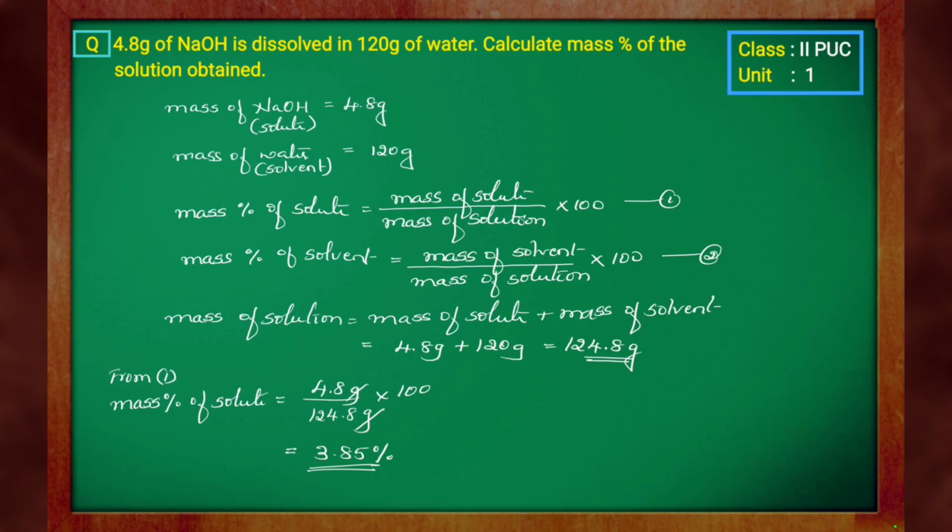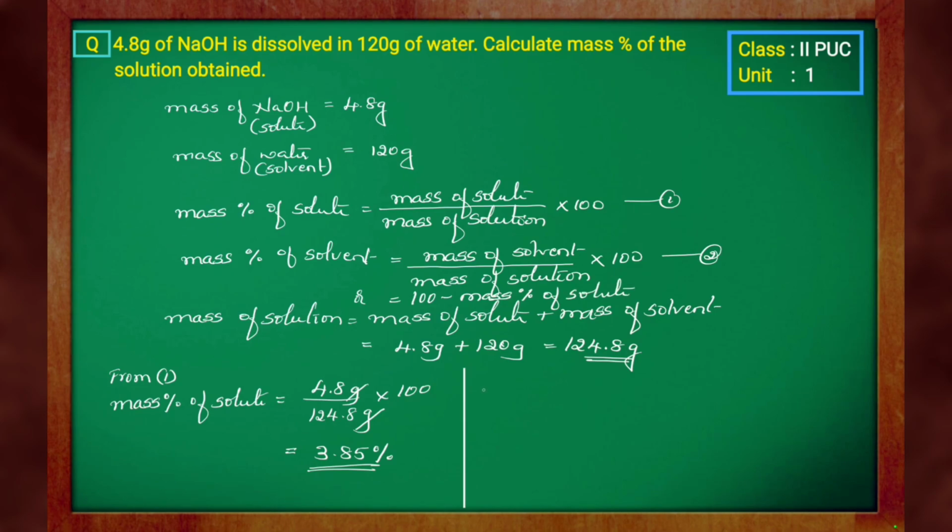So that is very simple to calculate. So the total percentage when you consider the solution is 100. So we can subtract mass percentage of solute from the 100 to get mass percentage of solvent. So here instead of formula 2, I can also write the formula as mass percentage of solvent is equal to 100 minus mass percentage of solute.